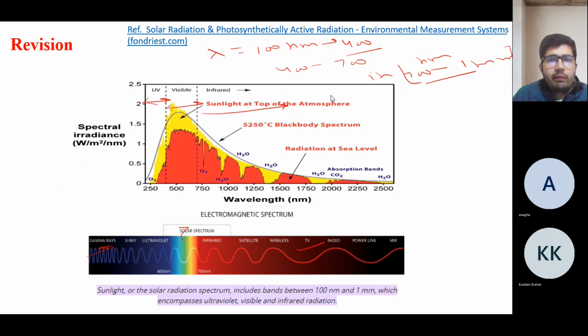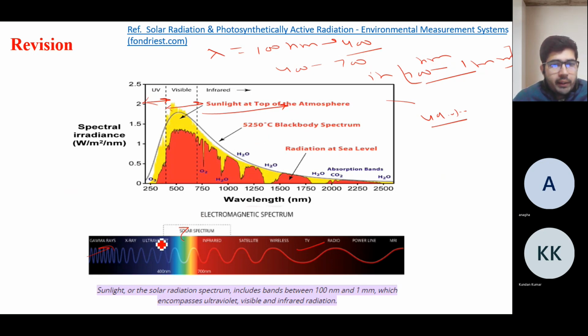So infrared radiation has a huge wavelength spectrum as compared to the UV and visible. UV has very little. We have also discussed that infrared light makes around 49% of energy contribution on Earth, visible is around 42%, and UV is only 8%.